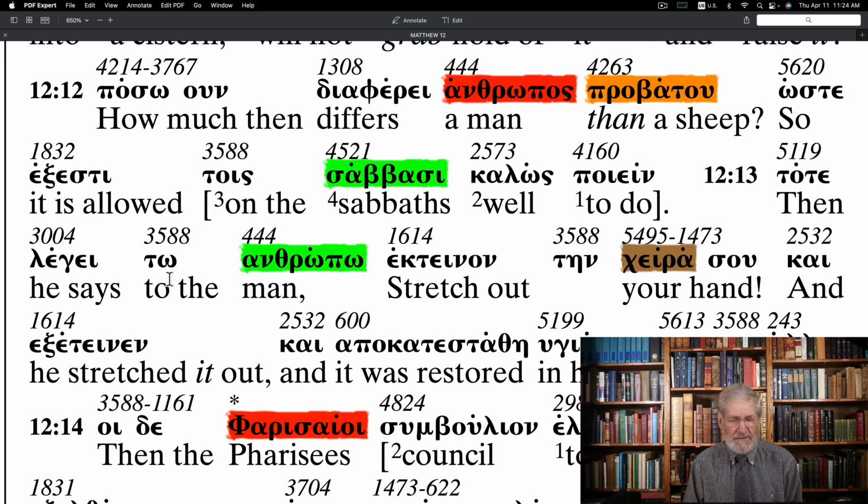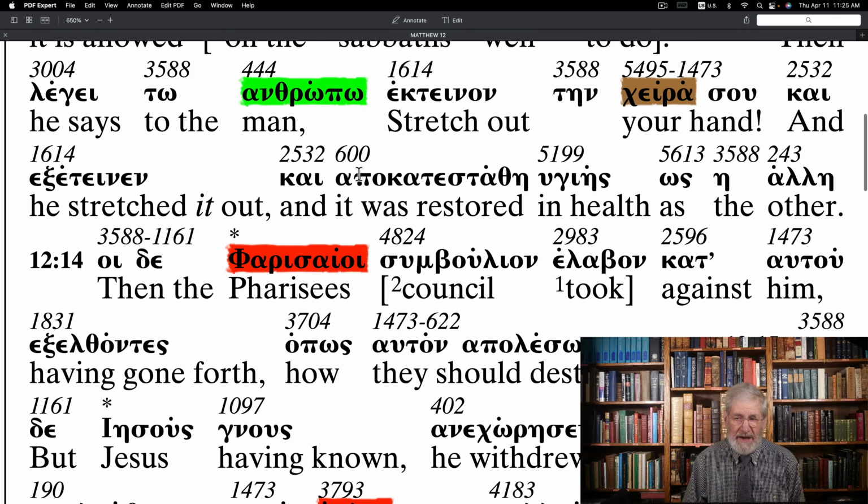Tote legei tō anthrōpō, and he says to the man, the dative, to the man, ekteinon tēn cheira sou, stretch out your hand in the imperative. Kai exeteinen, and he stretched it out. There it is. And kai apekatestathē hugiēs hōs hē allē, and it was restored in health as the other one.